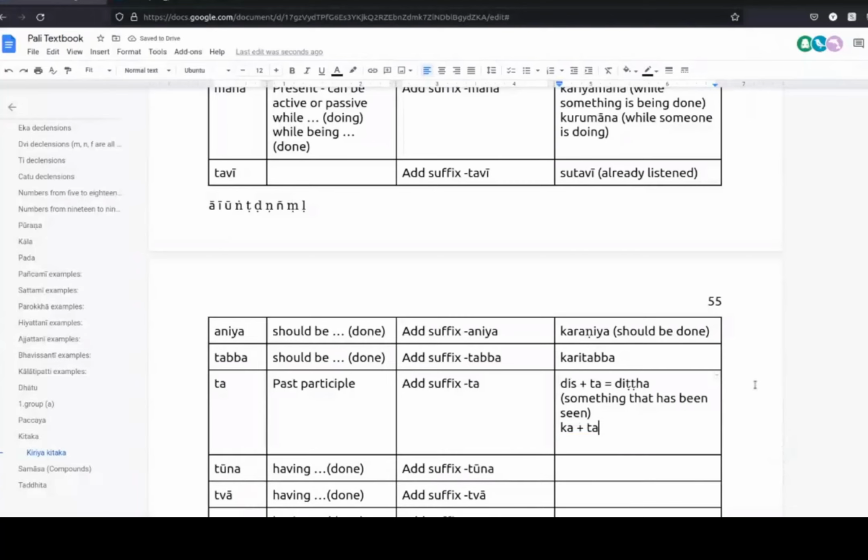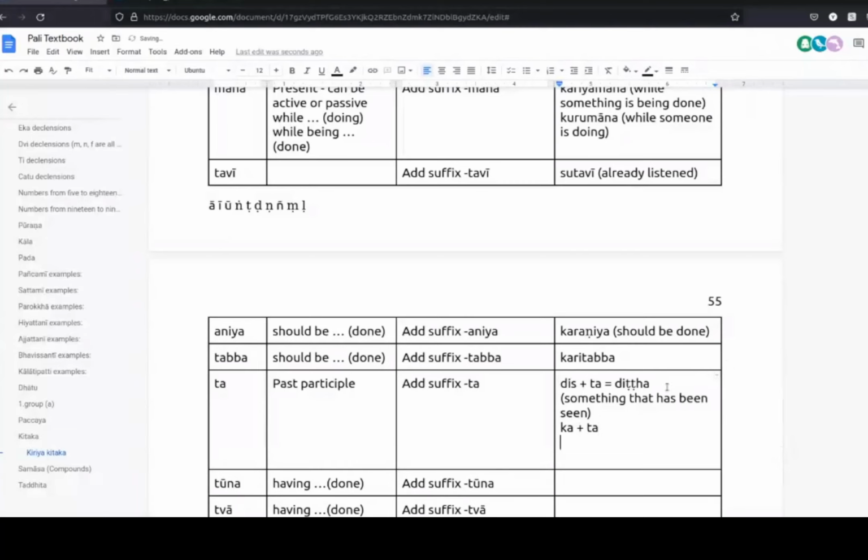It's often used instead of a verb. So you'll say kamang katang. And that's enough to make a sentence because you imply this, hoti. And what this means is the kamma is done. But all you see is kamang katang, which means the kamma is done. If it was something that is seen, you'd say ditang.